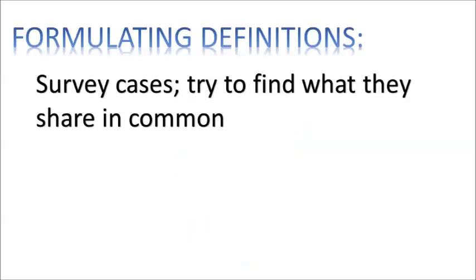Okay, the other thing I want you to think about is formulating definitions. If it was up to you to actually construct a definition, how would you go about doing that? Well, one way you might start is to try to think of all of the cases, instances, examples of that thing. Try to think of all the mammals that you could possibly think of. Try to think of all the instances in which people know things.